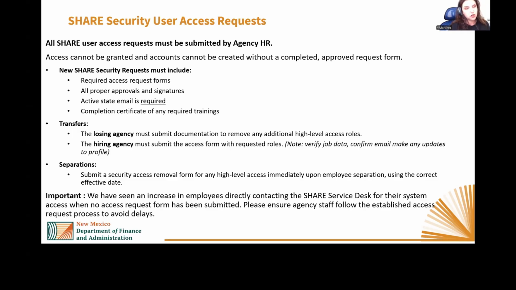Going back to what Alok mentioned earlier, please make sure that all the data is verified. Our security team uses what's in personal data as far as the business email to verify and create the accounts. Please validate all information. Again, email is super important.